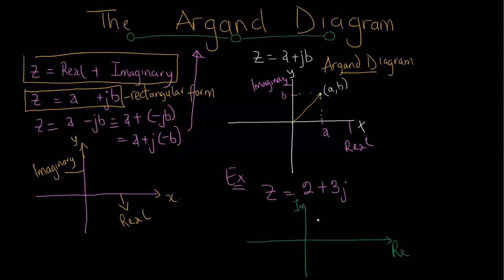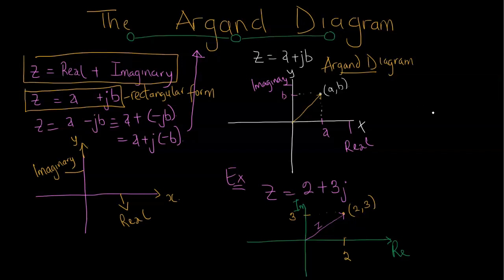So I need 2 on the real axis, so this is 2, this is just a sketch, and 3 on the imaginary axis, this is 3. So both of them will meet somewhere here. So this is the coordinate 2, 3. So this is going to be my complex number z, which is equal to 2 plus 3j.